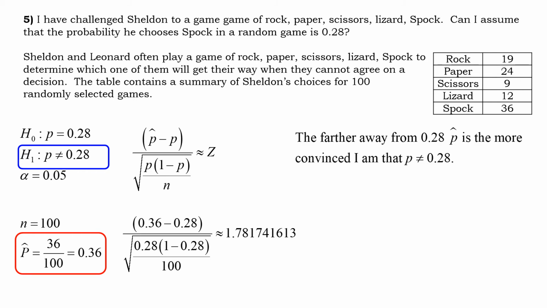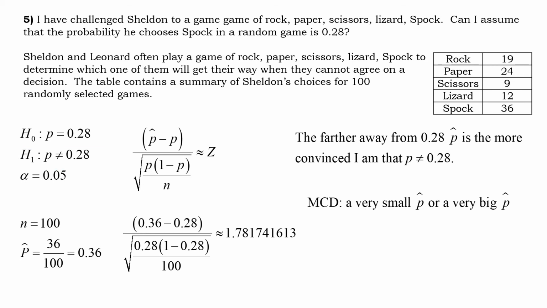The farther away from 0.28 that the sample proportion is, the more convinced I am that the real probability or proportion is not 0.28. Bottom line here, the more convincing data in this scenario is either p hat being much less than 0.28, very small p hat, or p hat being much bigger than 0.28.